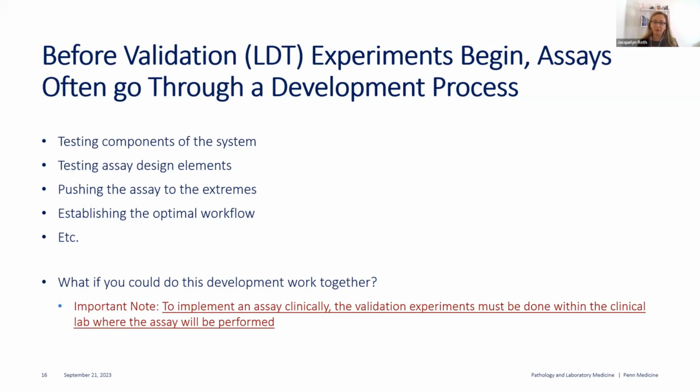Importantly, just to be very clear, and I'll bring it up again at the end, to implement an assay clinically, the validation or verification experiments need to be done in that clinical laboratory and not in a different one. You have to replicate those experiments where the assay is going to be performed.